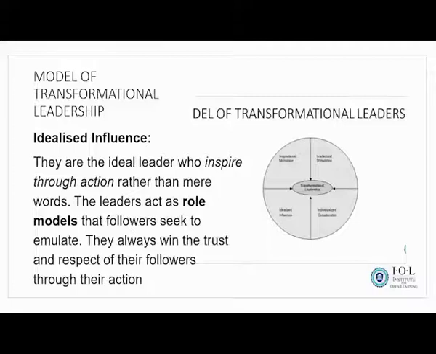So their influence is characterized by actions. The leaders act as role models, and the followers emulate the examples that they put forward. These leaders always win the trust and respect of their followers through their actions.